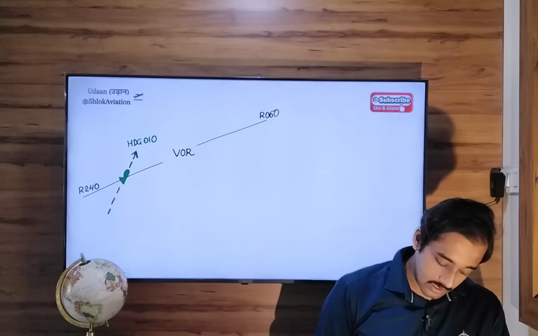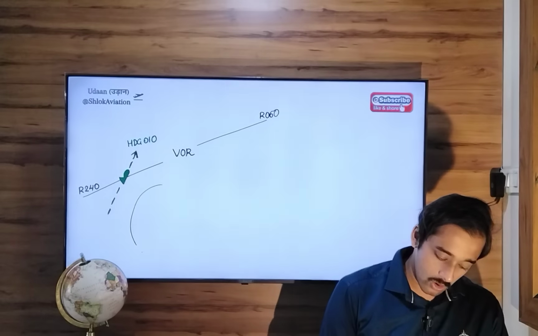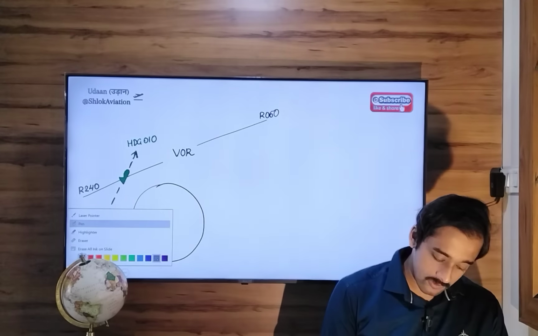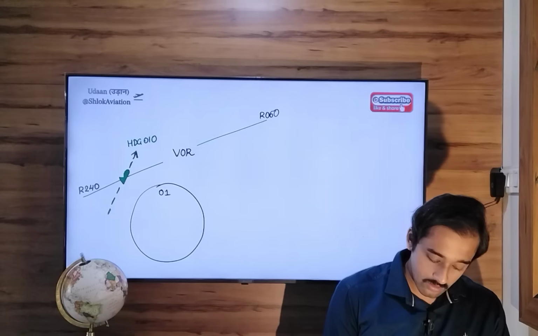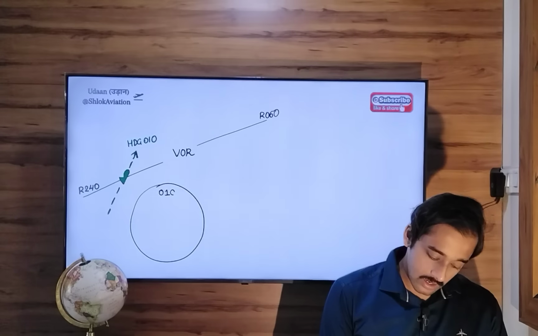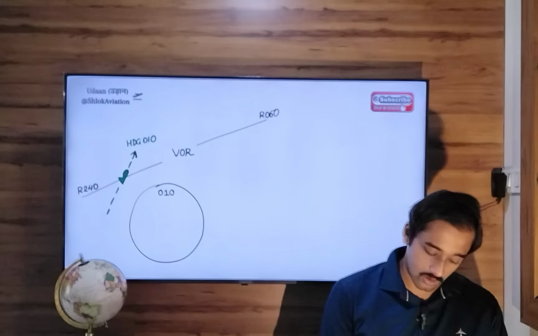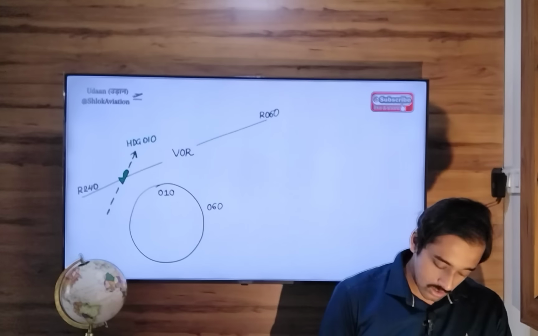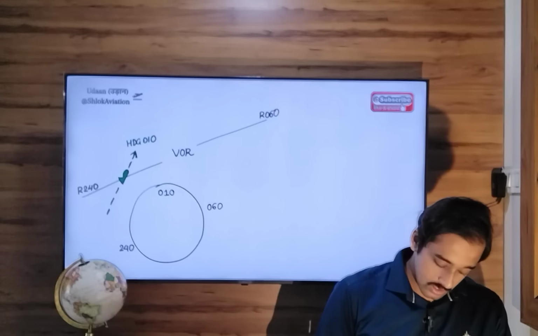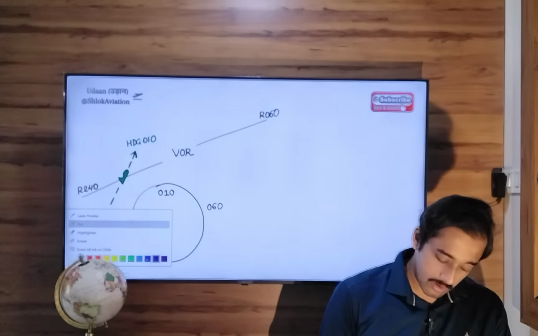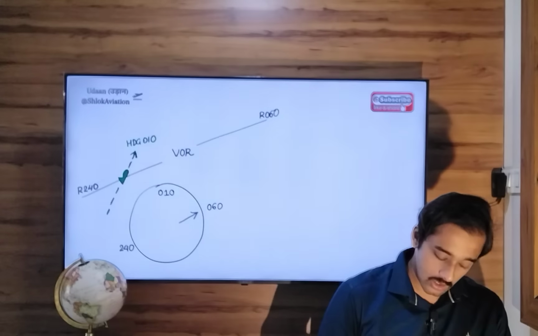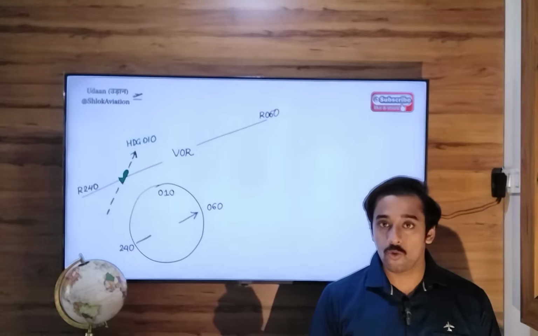Now with these settings, your RMI should show a heading of 010. The course selected is 060, so 060 and 240. The pointer should be pointing at 060 and the tail should be at 240.